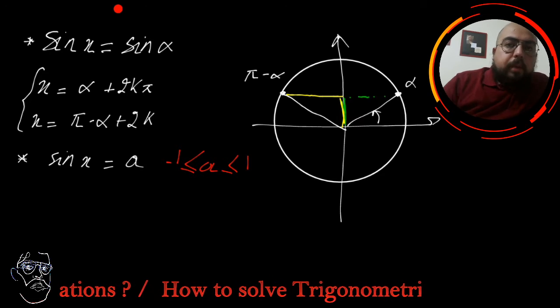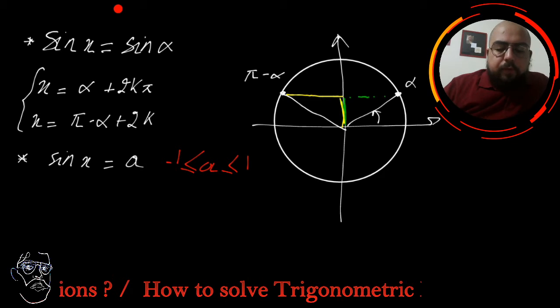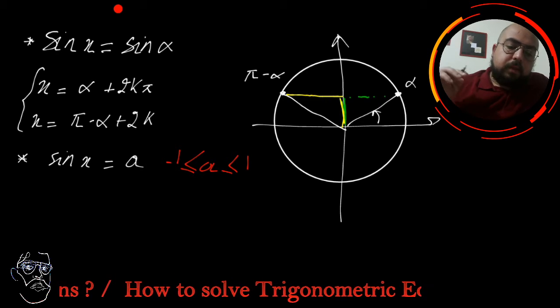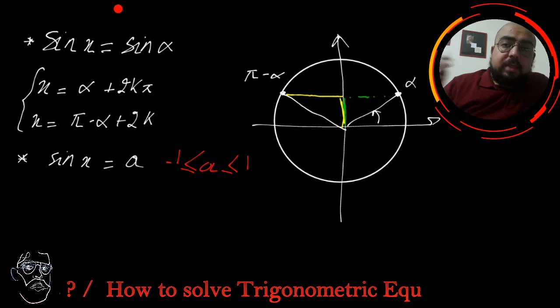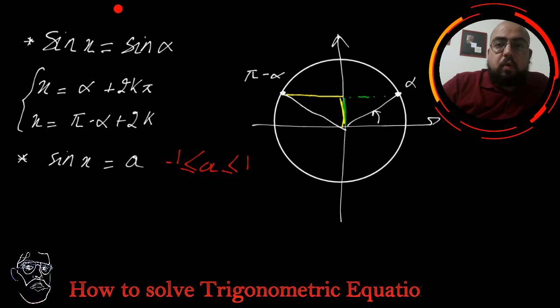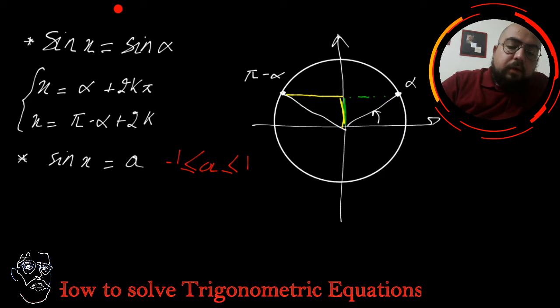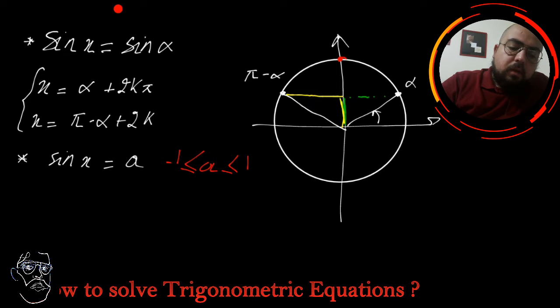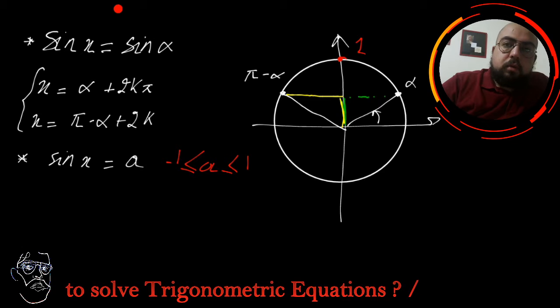Why between -1 and 1? We have to simply remember that sine of 0 is 0, and sine of 90 is 1.